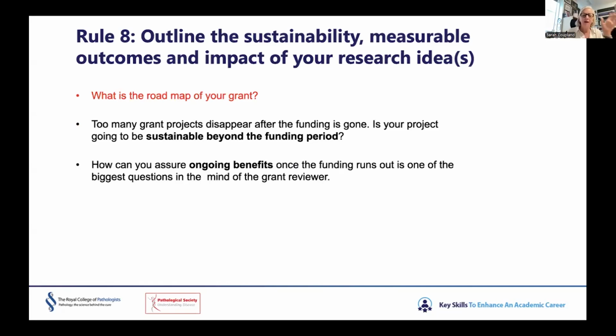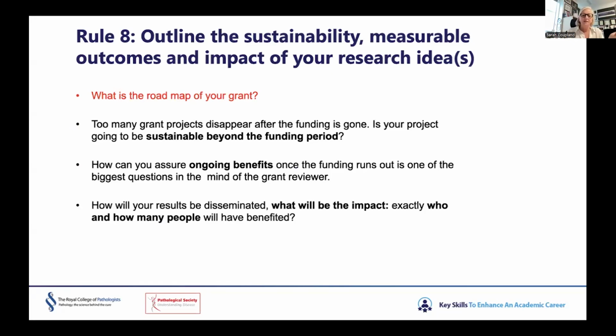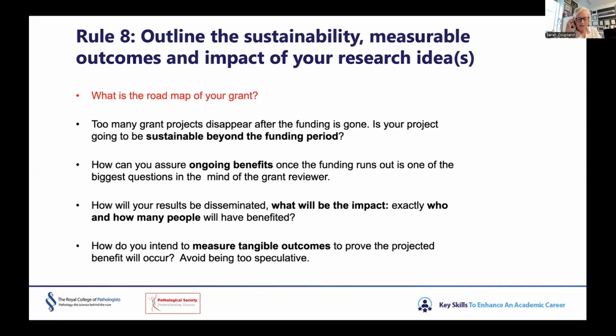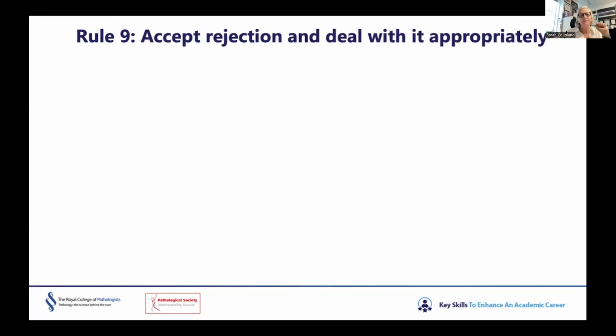You have to outline the ongoing benefits, so that the grant funding organization knows that their money is well invested, and that you're hoping at some stage, in either the short, medium, or long term, that there will be an impact, either with the public or with patient care, but that ultimately that is the goal. You may not be able to demonstrate that within 3 years if it's a grant for 3 years, but your aim would be that after, say, 5 years you may obtain this, and 10 years you may obtain that. So just try and make it clear that there is an end goal to your research, and that their money will be well invested.